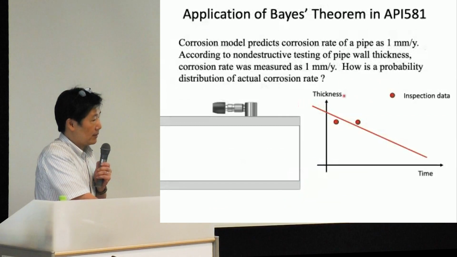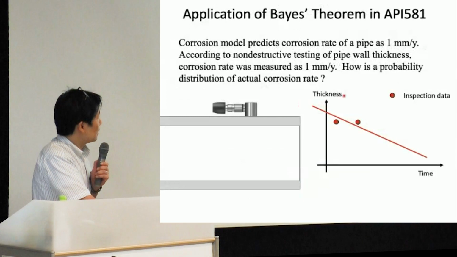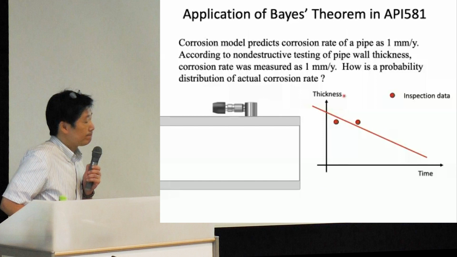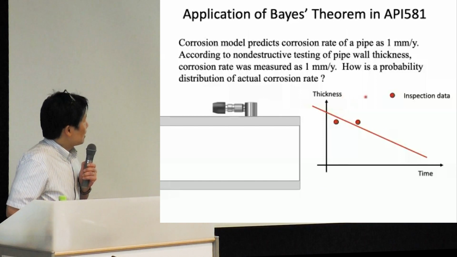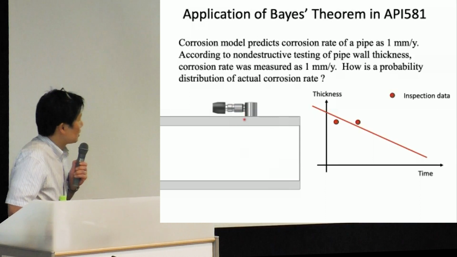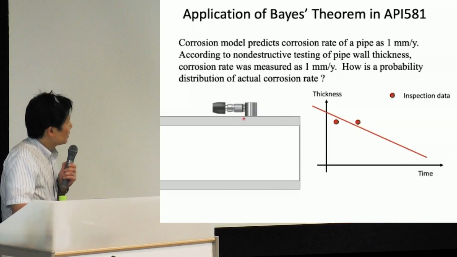Then we think about applying this situation to inspection in a plant. Let's think about inspection of pipe wall thinning. So this is a pipe, and we measure the pipe wall thickness by an ultrasonic testing probe. That was explained by Professor Pia yesterday.